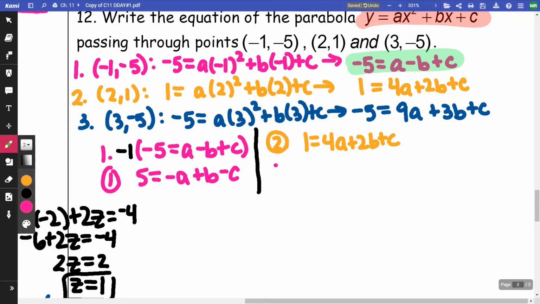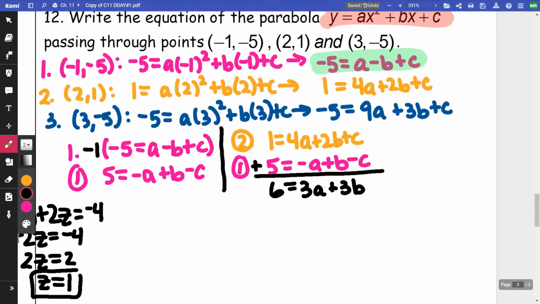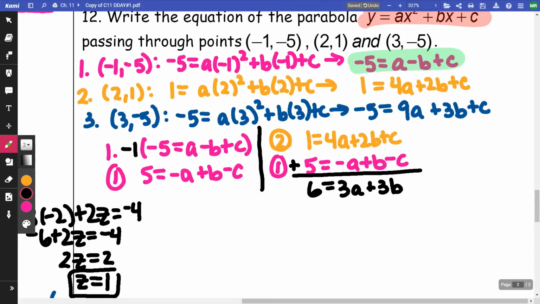I'm going to use my multiply by negative 1, number 1. So I'm going to have 5 is equal to negative a plus b minus c. Add these up, and I end up with 6 is equal to 3a plus 3b. I can divide by 3, but I'm going to wait a minute and see if that's something I want to do to simplify it.